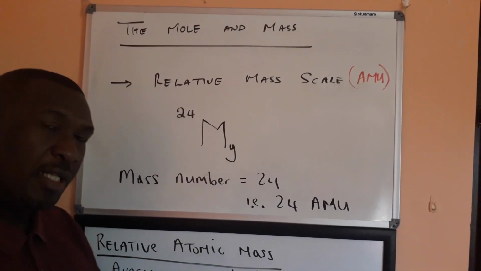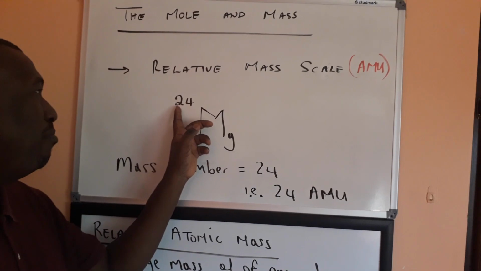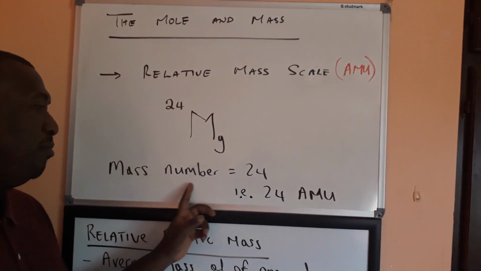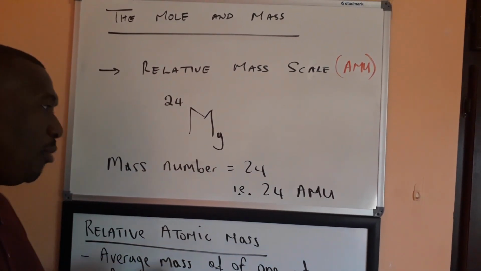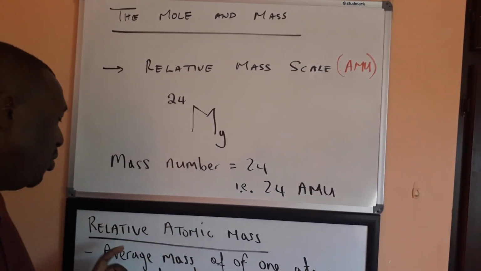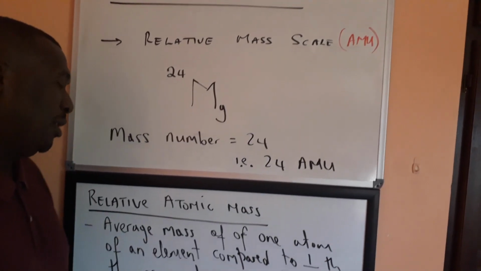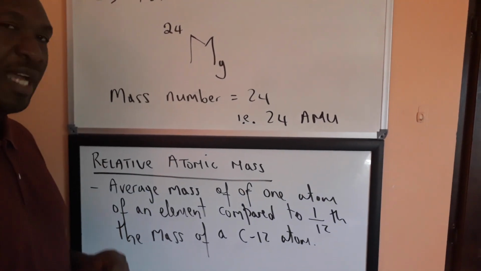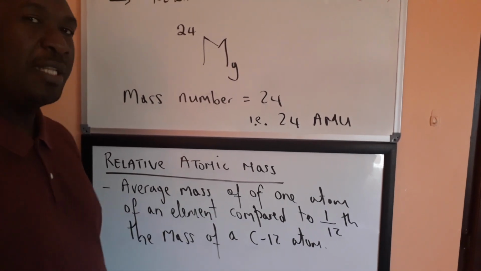So if we look at magnesium on our periodic table, we'll see that it has a mass number of 24. That's its relative mass, 24 AMU. The mass number is also known as the relative atomic mass, and relative means that it's compared to a standard. Remember, the standard originally was the hydrogen atom.